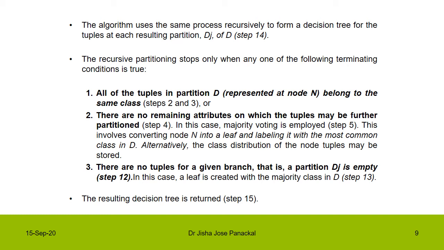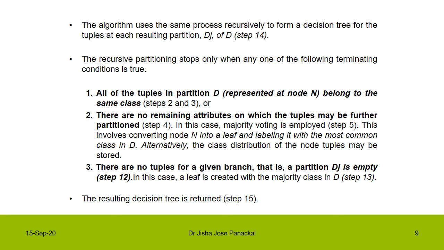In this case, majority voting is employed. This involves converting node N into a leaf and labeling it with the most common class in D. Alternatively, the class distribution of the node tuples may be stored. This is the second condition for terminating the algorithm. And the third one is there are no tuples for a given branch, that is, partition Dj is empty.